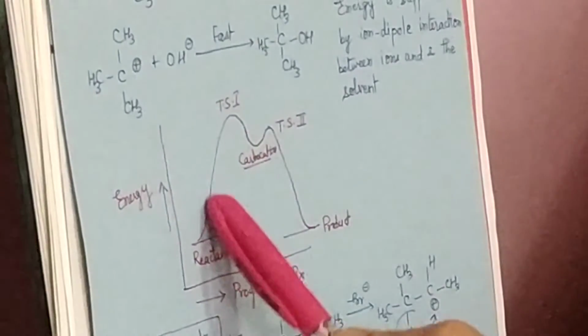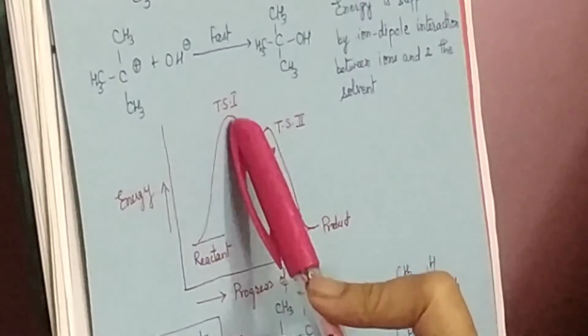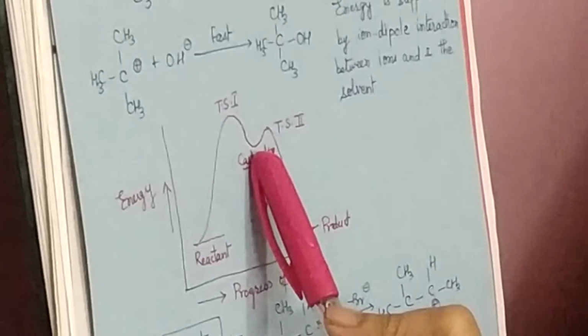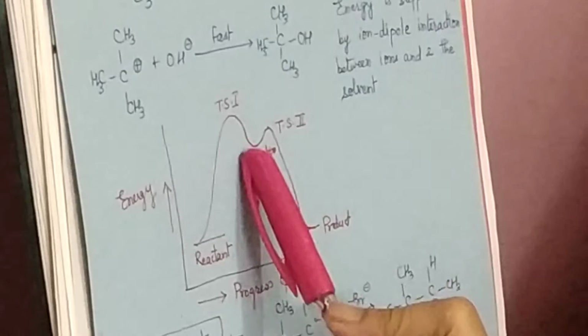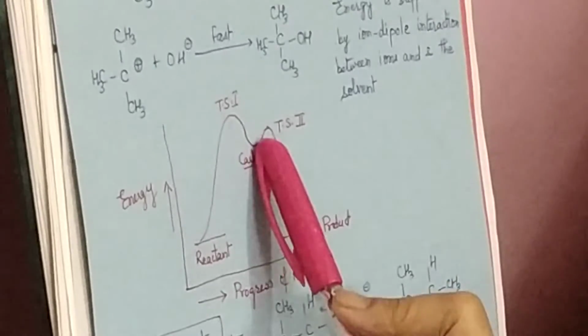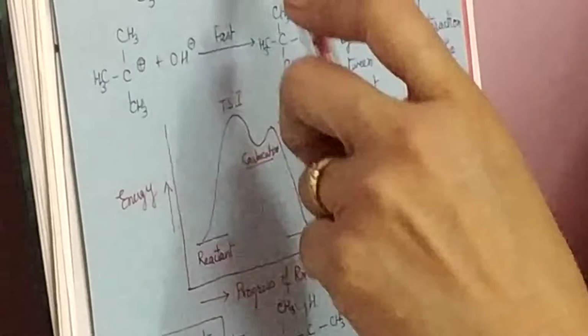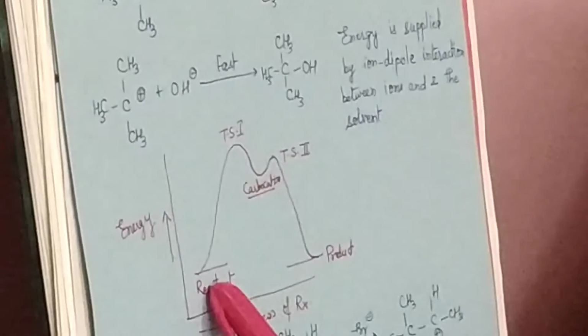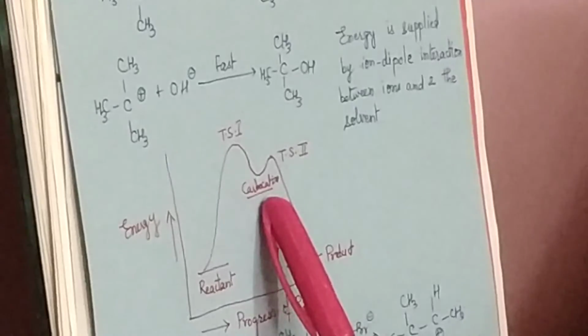For the first step there is a transition state, and then in between a carbocation is formed which is slightly stabler, and this carbocation then via another transition state, the transition state for the second step, changes into product.